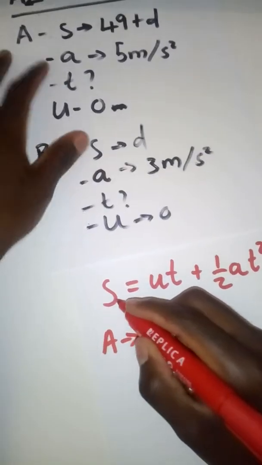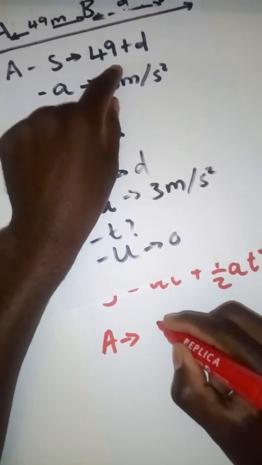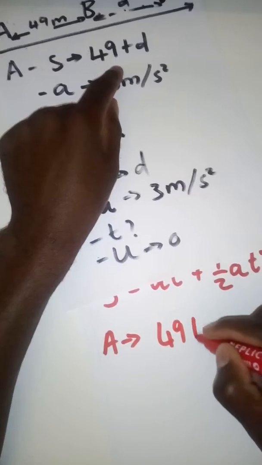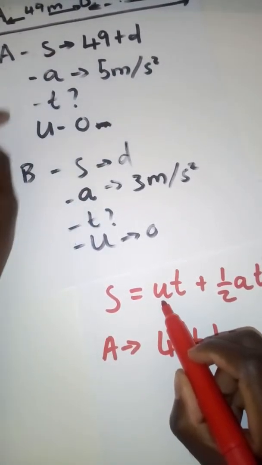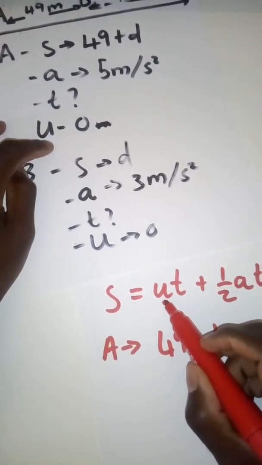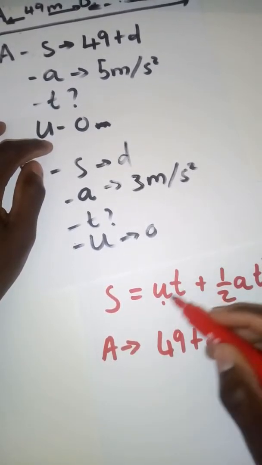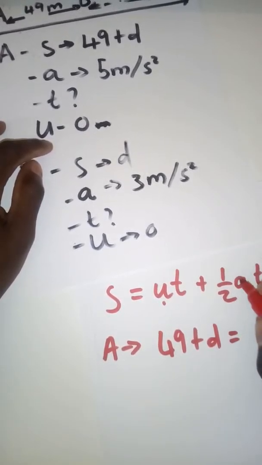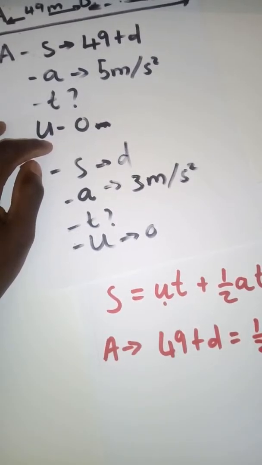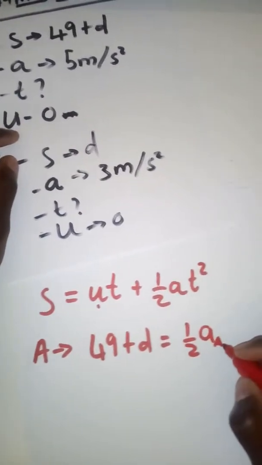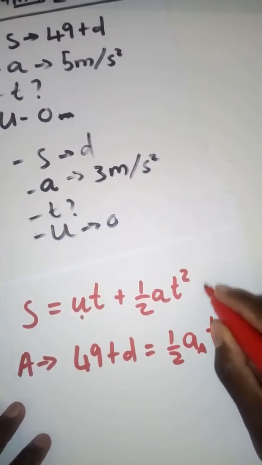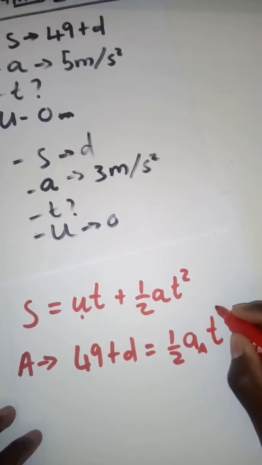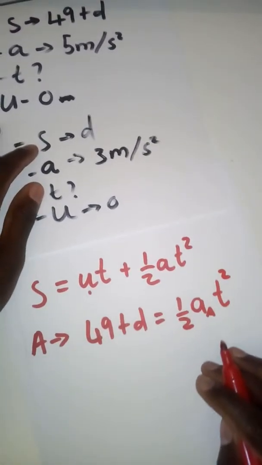For car A, the displacement is 49 plus D, which is equal to u times t, but our u is 0, and any number multiplied by 0 is just 0, so we cancel this out. Then plus 1 over 2 a, for car A, multiplied by time squared, which we are trying to find.